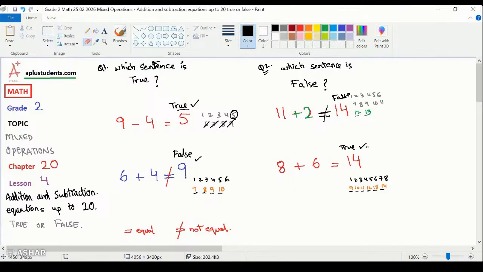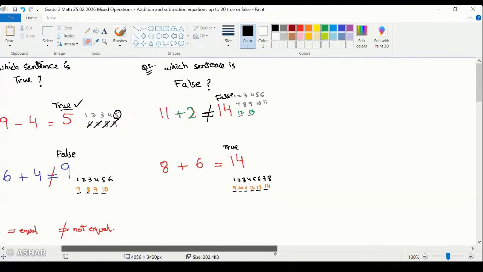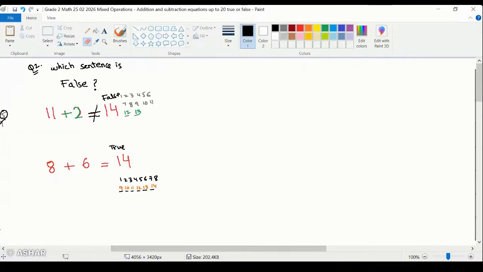That is our requirement, okay? So we had to find the false statement. So in this case, the false statement is 11 plus 2 is not equal to 14. Agreed? And the answer would be, out of these two options, we can say, okay.